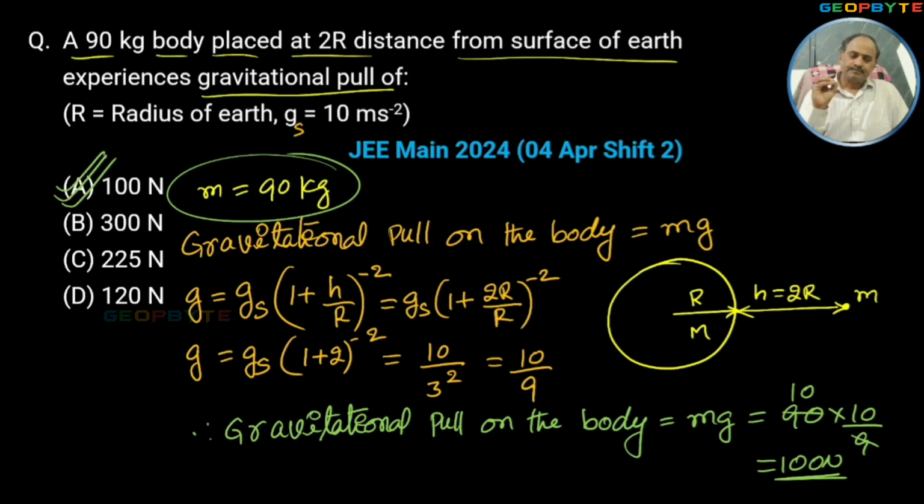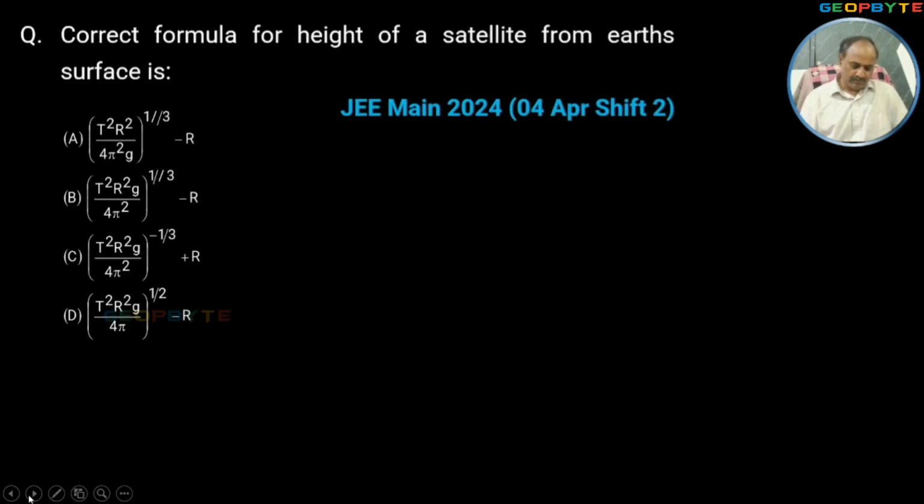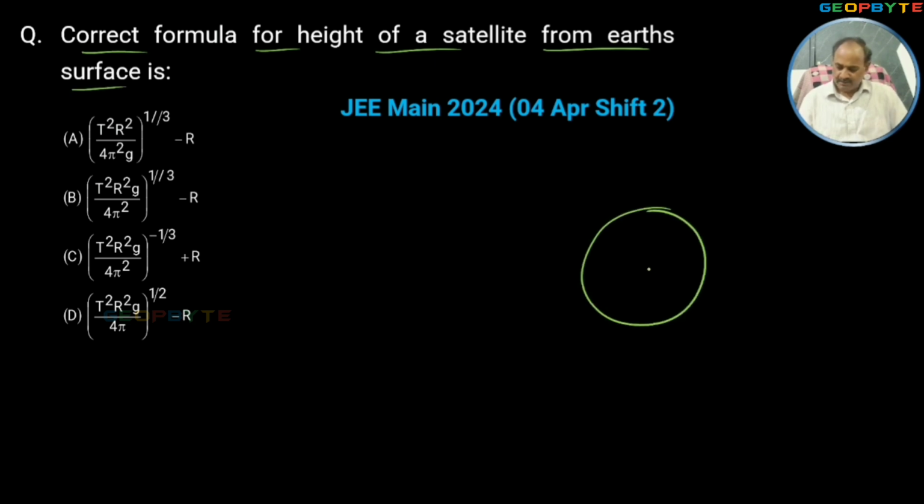Understood clearly? Yes. Similarly, let's take another important question. Try to read it clearly. It is given like this: correct formula for height of a satellite from the earth surface. You know, this may be the earth, radius is r, mass of the earth is M. The satellite may be somewhere here with a mass m.